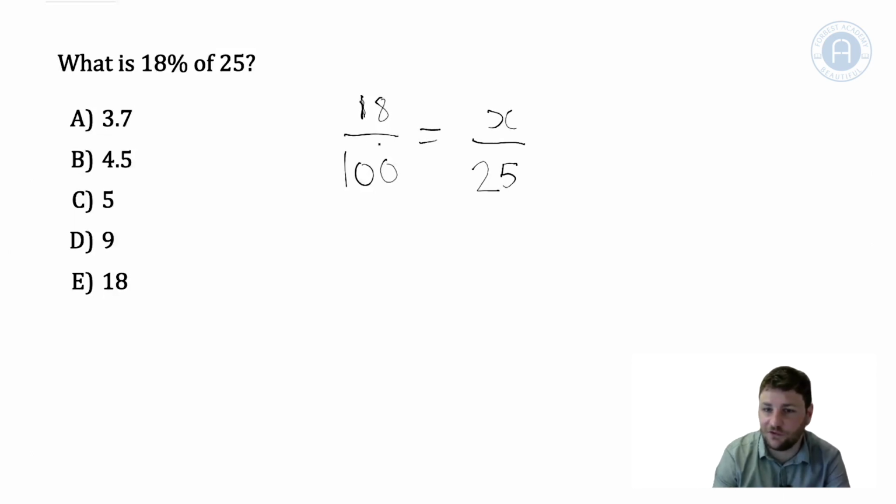Now, the reason I've used the equivalent fractions method here is because I've noticed I've got 100 and I've got 25, which means there's a link there dividing by 4. So I can do the same on the top, 18 divided by 4.